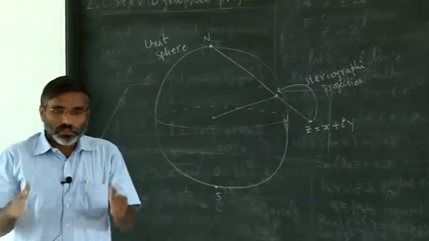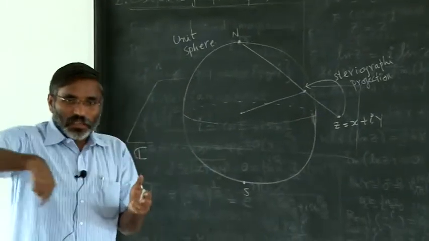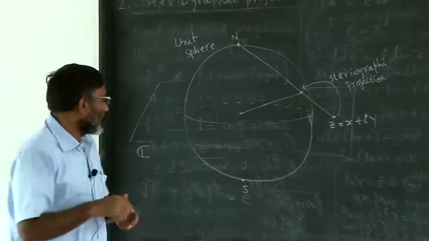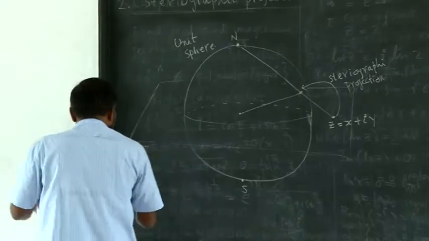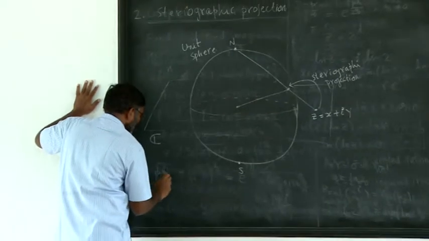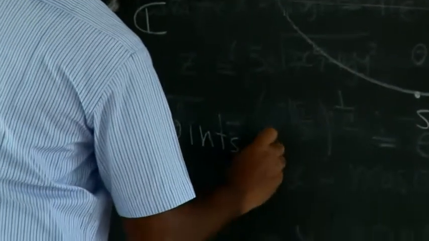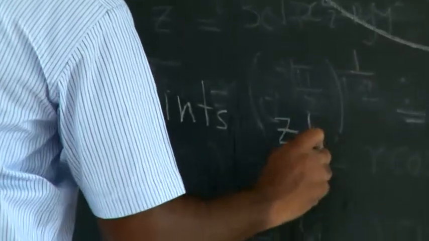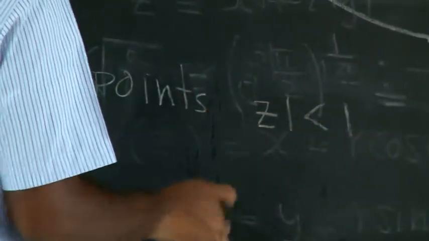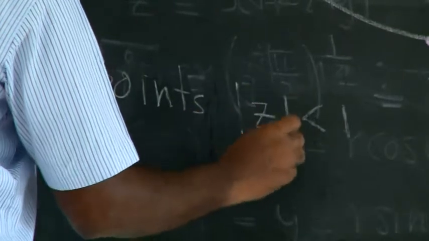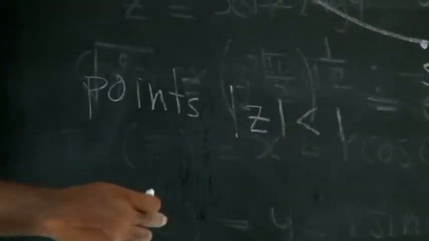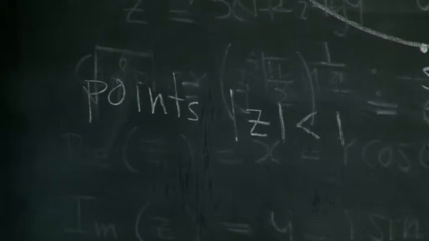So all points within the unit circle around the origin, that is points such that modulus of z is less than 1. Modulus of z is less than 1 means within unit distance from the origin.